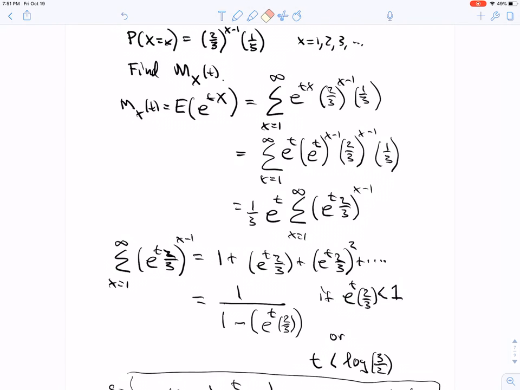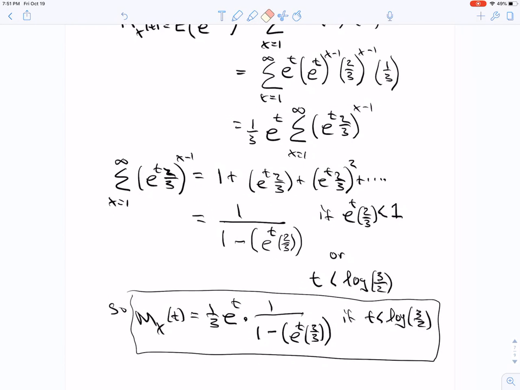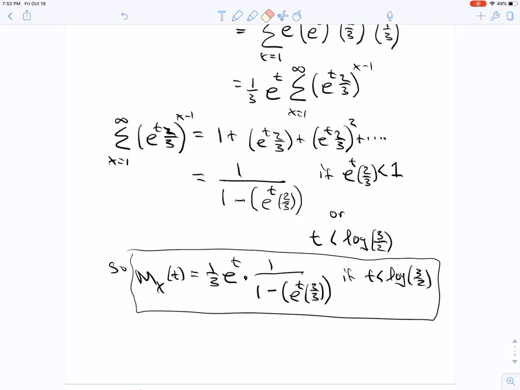I'll let you read this, but essentially the restriction on t is that e to the t times 2/3 has to be less than 1, or equivalently t is less than the log of 3/2. And then we get our moment generating function, which is well defined for t less than log 3/2.